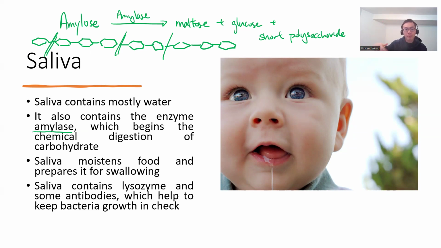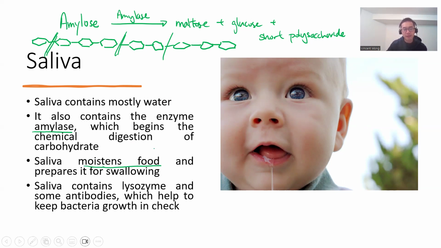So the chemical digestion of carbohydrates actually begins in the mouth, whereas everything else comes later on. The digestion of protein and the digestion of lipid happen later on in the body. Saliva is also important to moisten food.